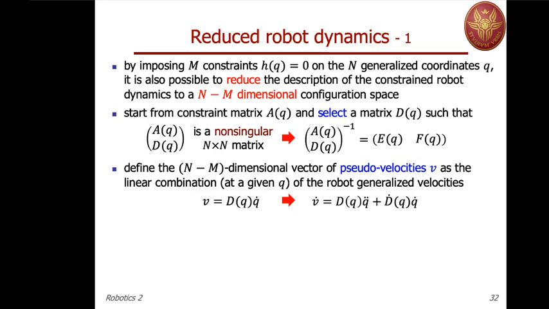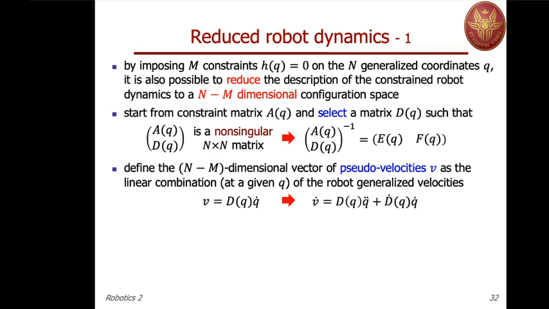If you have a generalized velocity vector q dot, you know that A times q dot needs to be 0 in order to satisfy the constraint. However, because of the complementarity of your choice, D times q dot will be the pseudo-velocity which remains free while satisfying the constraint. This is why we are introducing v.